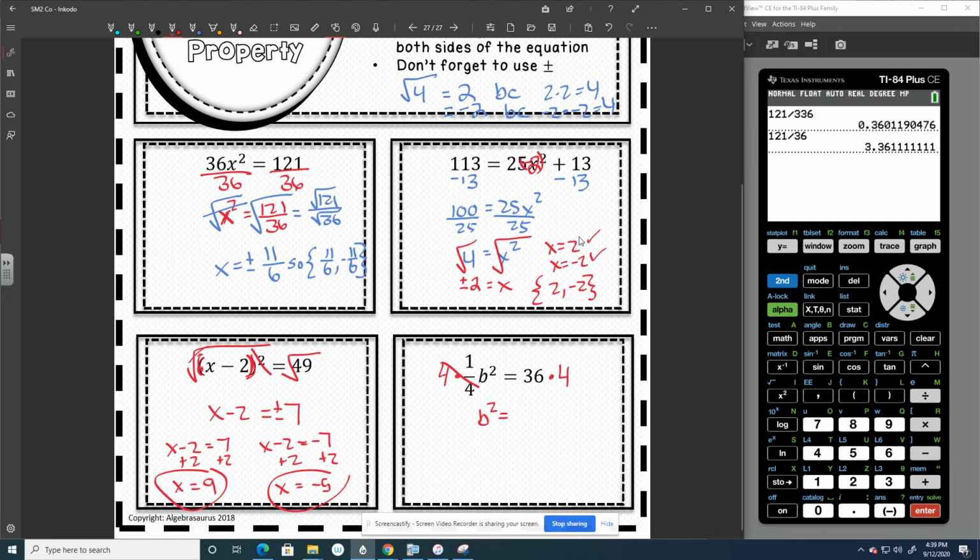So b squared equals 36 times 4 is 144. And then when I take the square root, b is equal to the square root of 144 is 12, but it's also -12. So my two answers would be 12 and -12.